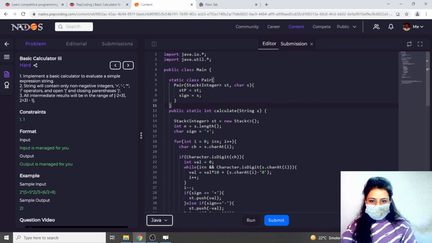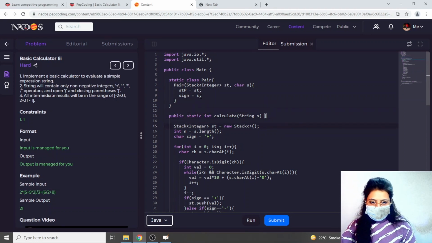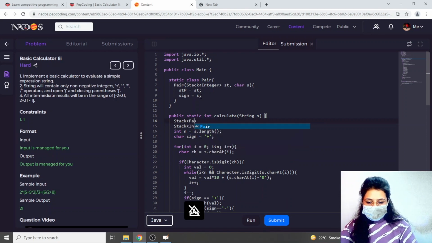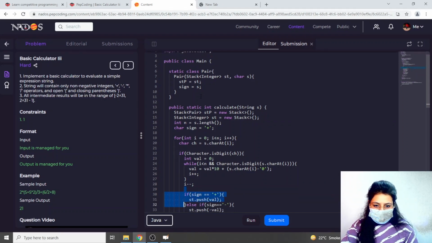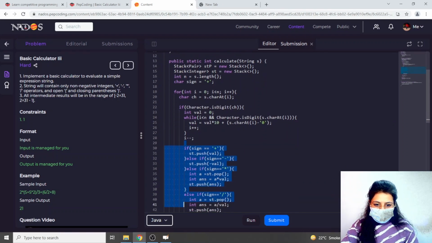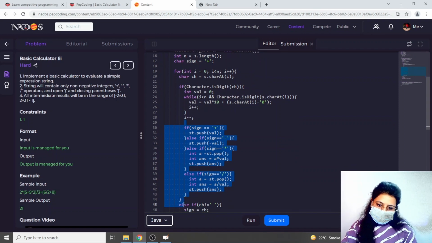Next, what we'll do, we'll calculate. Coming to this one, we'll make one more stack of pair, stp equals to new stack. Okay. So we'll store this in another function, I think.